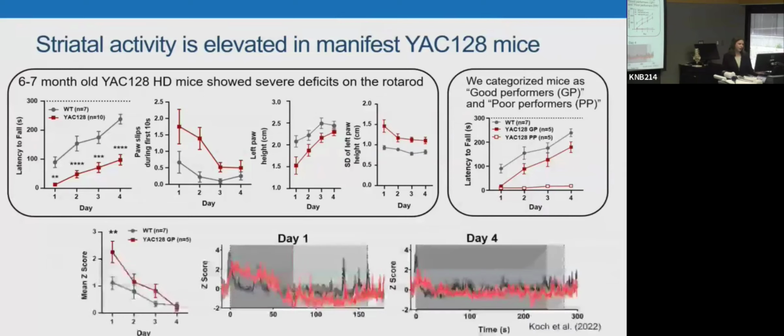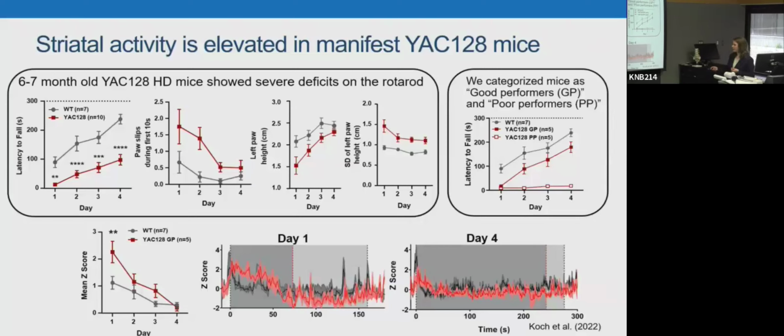So when I looked at the striatal activity, I just looked at the good performers. And here I found an interesting result, kind of opposite to the young group. I found this increase in activity in the striatum of the Huntington's disease mice compared to the wild type mice. So these mice are severely impaired on the task, and they have much more activity in the striatum while they're performing the task.